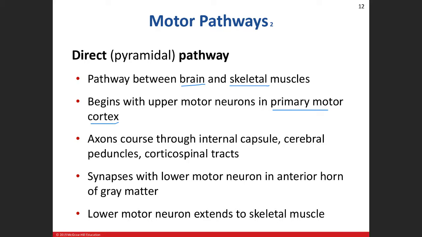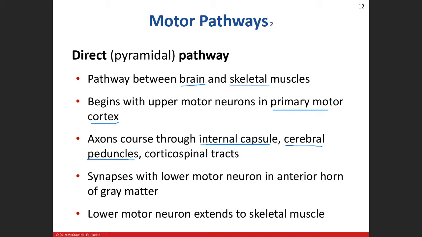All right. So the upper motor neuron is then going to travel down through the internal capsule, which is the white matter down in your cerebrum. It's going to travel down through that, and then, I'm sure you guys remember this, the cerebral peduncles. Does anyone remember where those were found? Midbrain, the anterior portion of the midbrain.